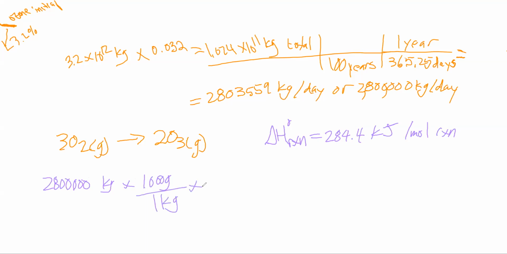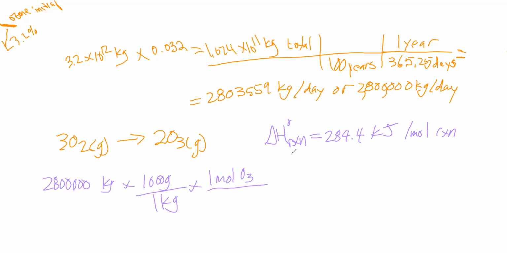And then how do we get our ozone into a mass or into moles? What do we need to get our ozone into moles? Molar mass. How do we go from a mass to a moles? Someone said molar mass. Oh, perfect.